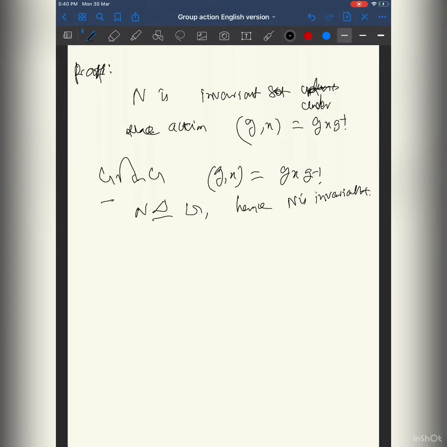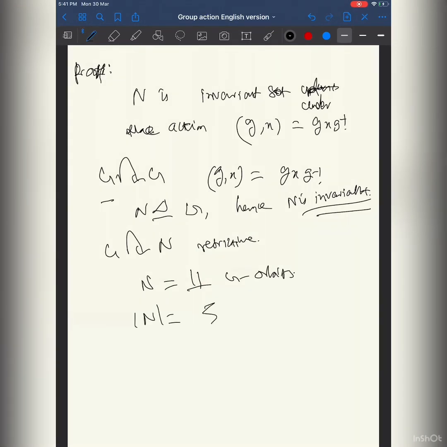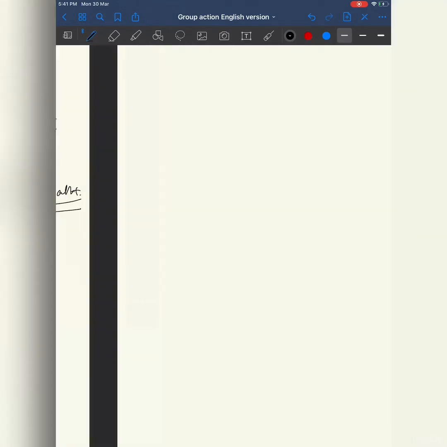In the explanation notes, I have talked about examples of what invariant means and a restriction operation. So G operates on N restrictively, and this restriction happens because N is invariant. We know that whenever there is an action, the order of N equals the summation of the G orbits. That proves all these things. This is the idea.